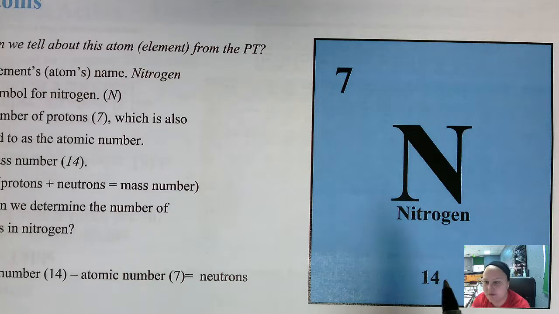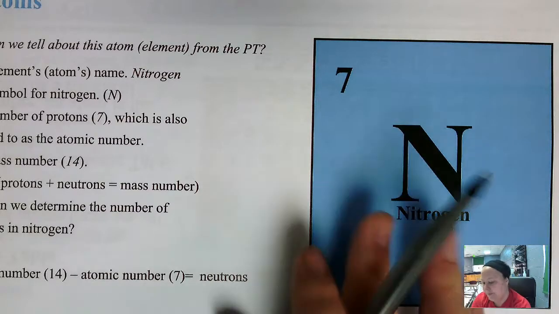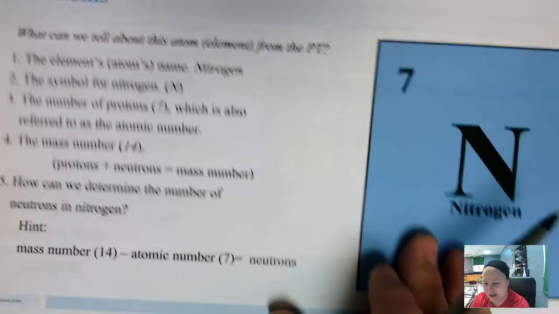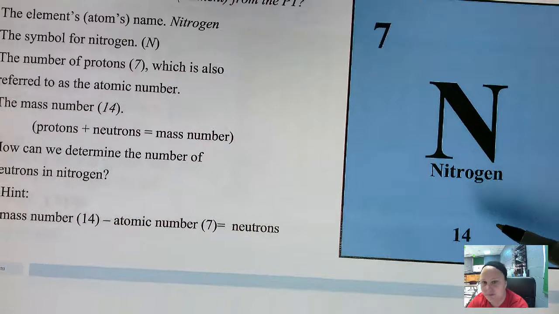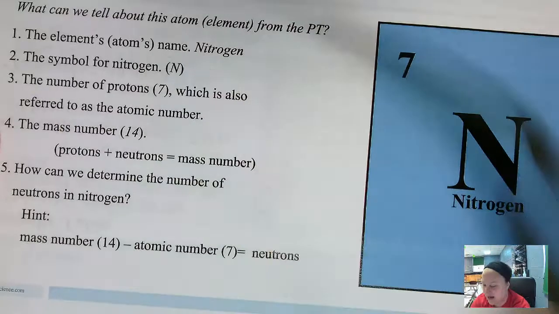For the most part, if you have a few of those, you can figure out all of them. It's kind of like a puzzle. You have to think about it. For right now, let's look at the element nitrogen.